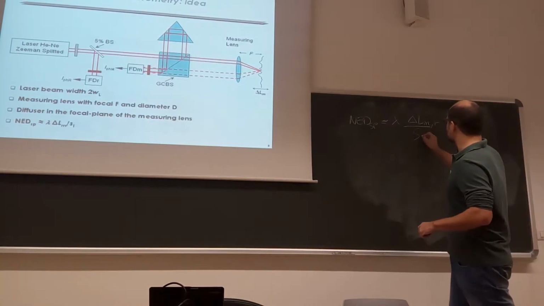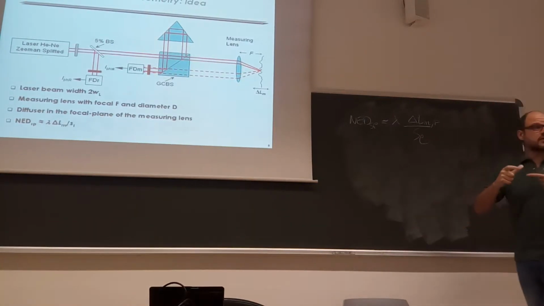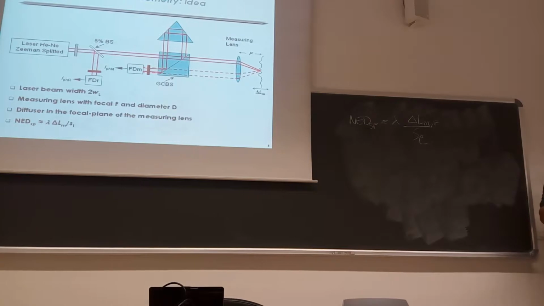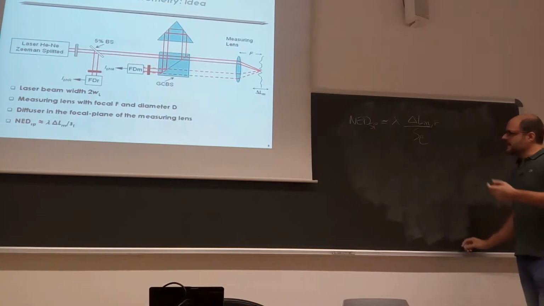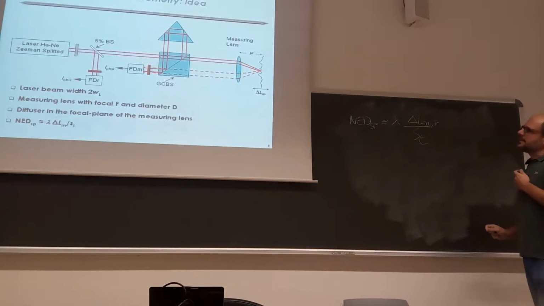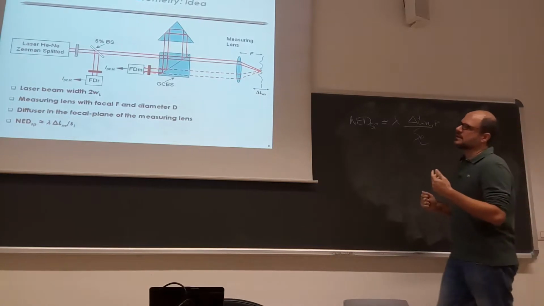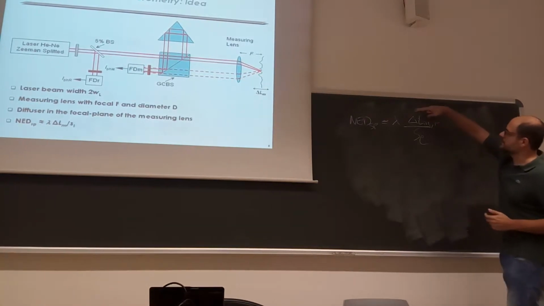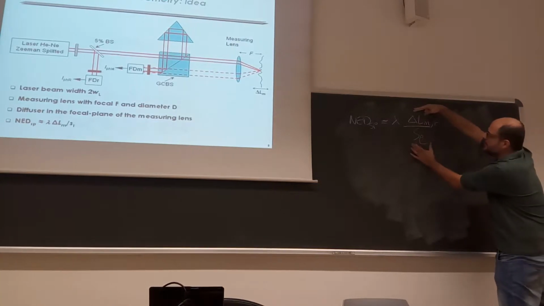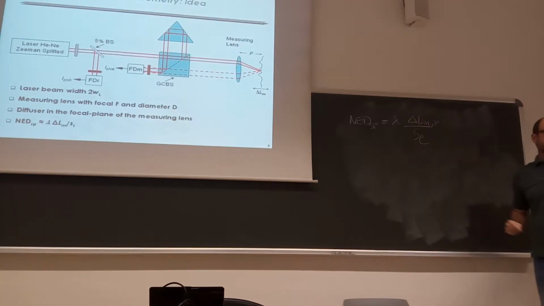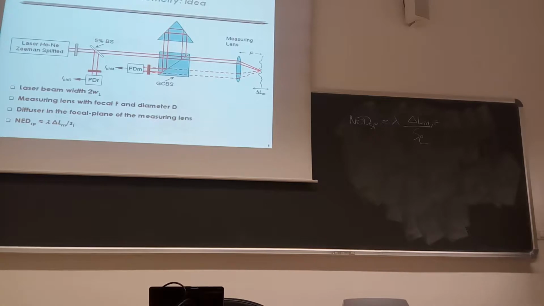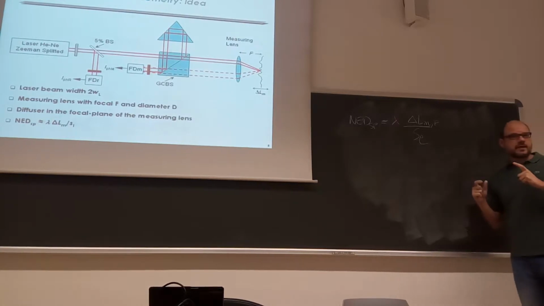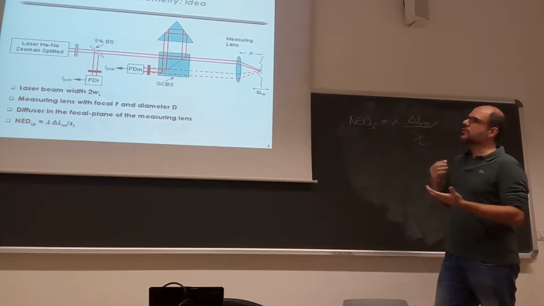And then we have to divide this by the longitudinal dimension of the speckle. So what does this relation say? That the noise equivalent displacement is very low if this quantity is definitely lower than the longitudinal dimension of the speckle. Okay? So it can work.